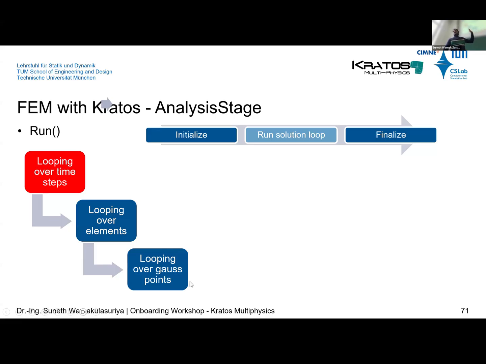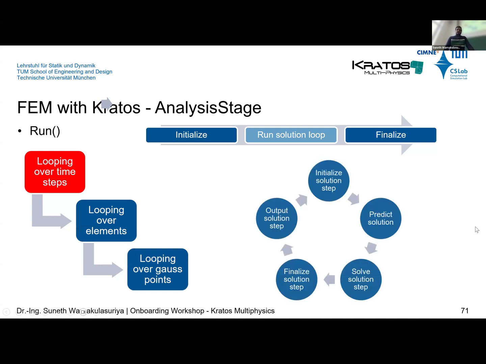So if you're concerned about efficiency, you need to be really careful about what you put in the Gauss point loop, because this is the nested, lowest-most loop you have. If you put really expensive stuff in here, your whole simulation will be super slow. So that's why we always have to be careful in any numerical code. It's the same basically. It's not specific to Kratos, to be honest. Yeah, looping over the Gauss points.